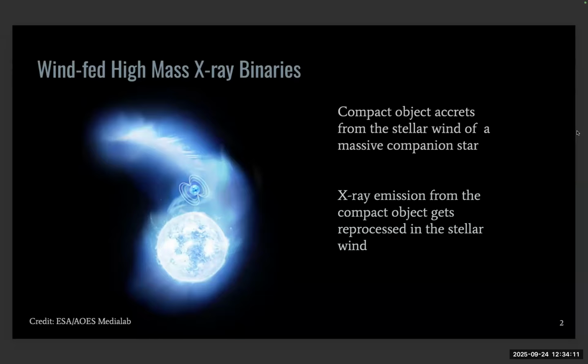So we're interested in high-mass X-ray binaries for a number of reasons. For example, it's basically through the birth and the evolution and ultimately death of stars that elements are synthesized and get finally deposited in the interstellar medium.